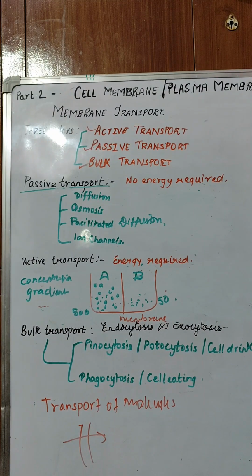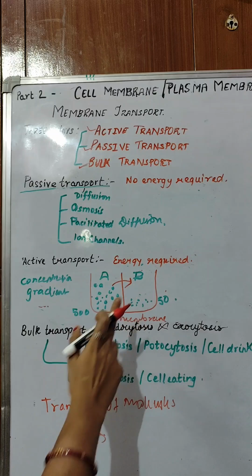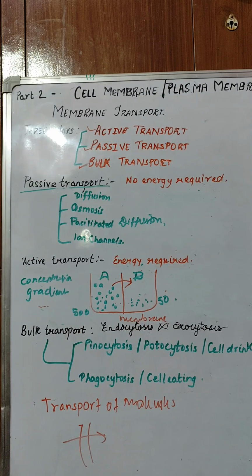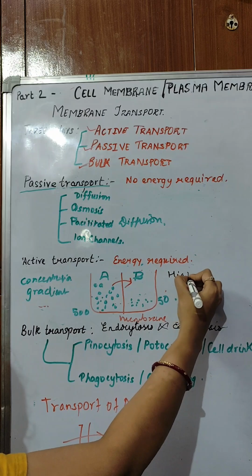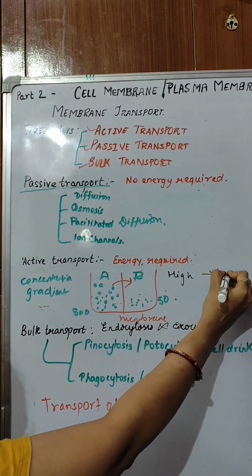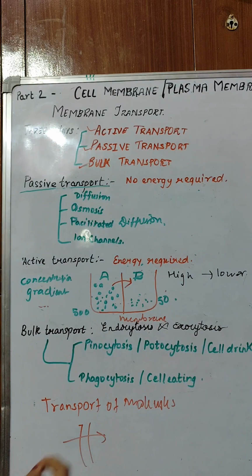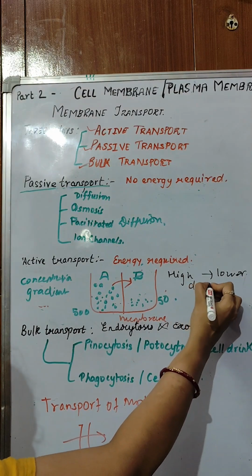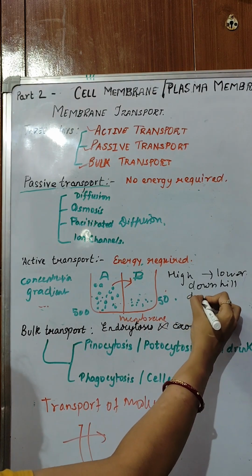Now if the movement of the molecule is from A to B, that is, from higher concentration to lower concentration, then this movement is named downhill movement, or down the concentration gradient.